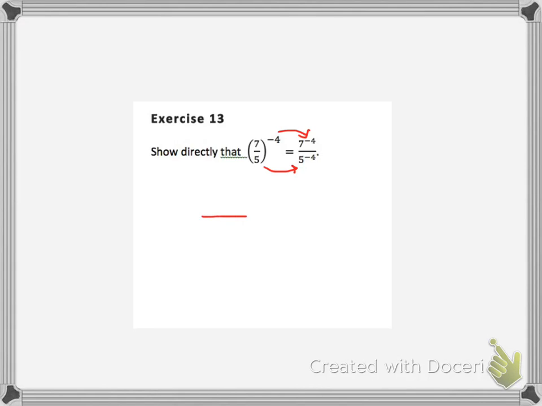So we can take that 7 to the negative 4 and put that in the denominator with a positive. And then the interesting thing here is we can take that denominator of 5 to the negative, and we can flip where that is and make it positive as well. So our negative exponent just kind of tells us to put it in the opposite place to make that exponent positive.